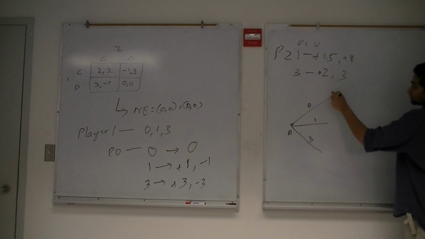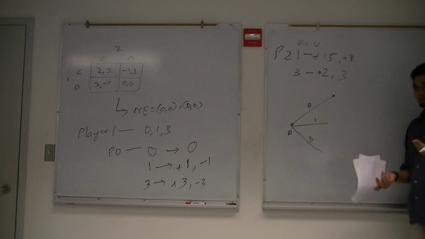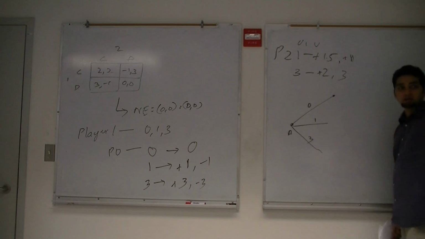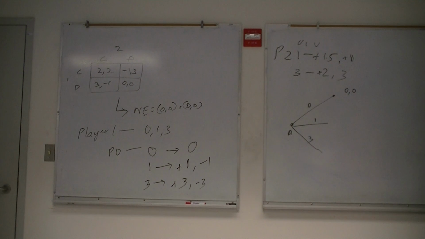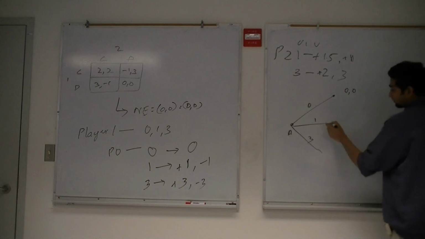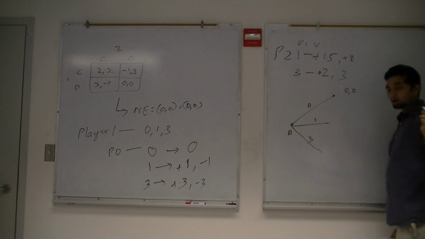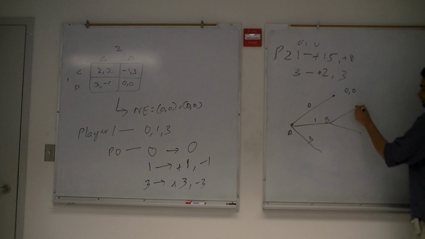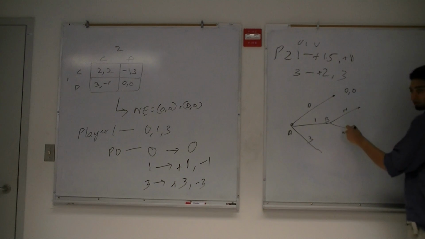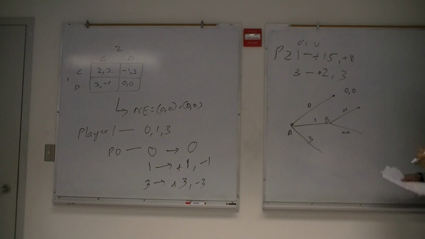If he chooses 0, the game is over right there. He cannot do anything if he chooses 0, so the payoff is basically 0, 0. And if he chooses 1, Bay could either match it or take it.